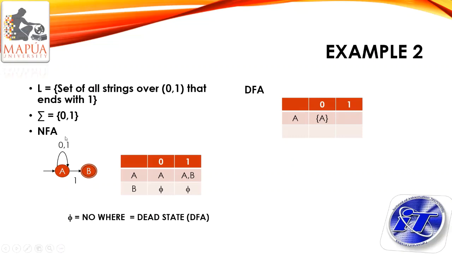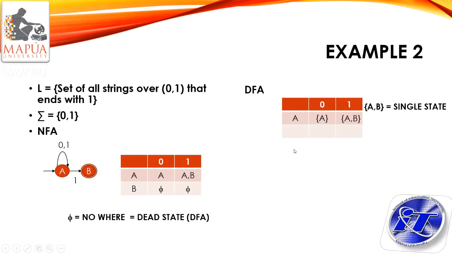When you convert NFA to DFA, don't forget that these two states will be combined into a single state. It will be considered as one state. So instead of just state A or state B, it will be the AB state as a single state. So we're going to write it here.